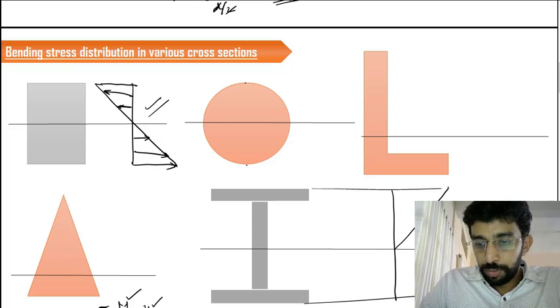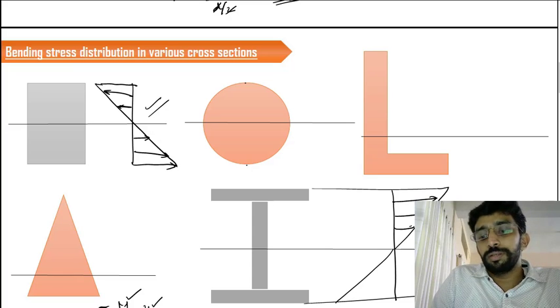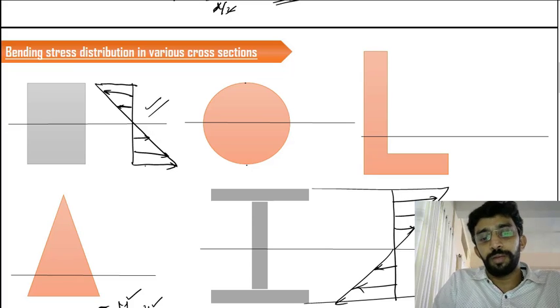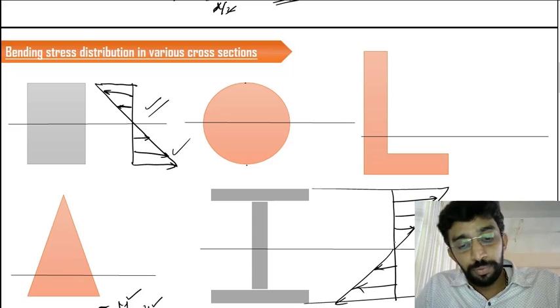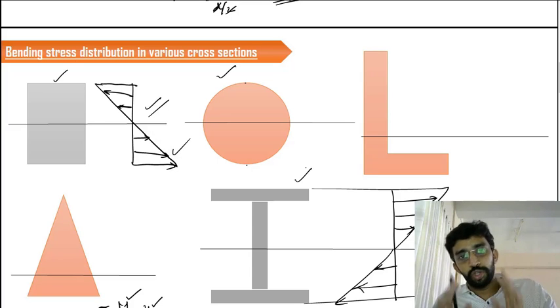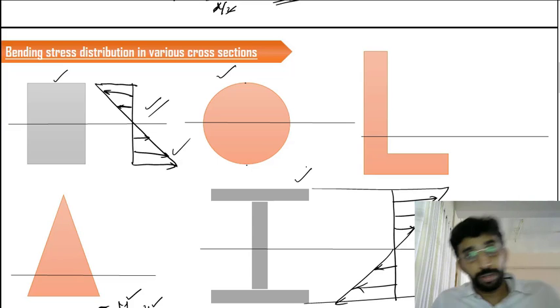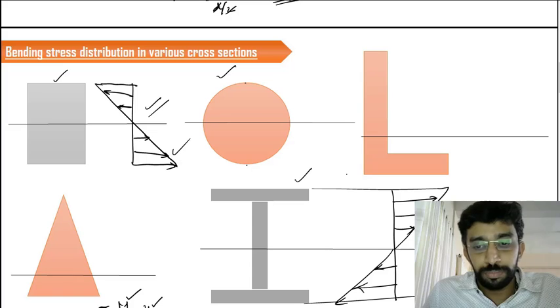It can have a value like this, everything looks the same, or in the opposite manner like this. These two figures are applicable for the I section also. So for the rectangular section, circular section and I section, the geometry is symmetric about the x-axis, and so is the bending stress distribution.